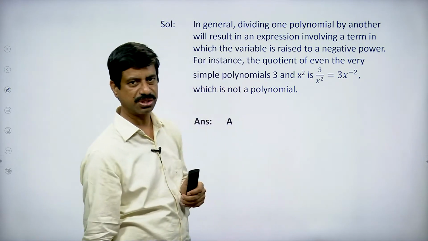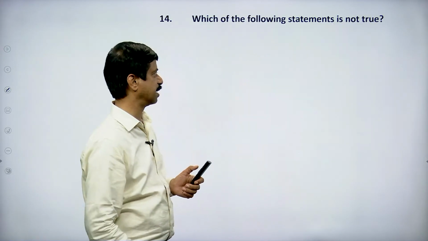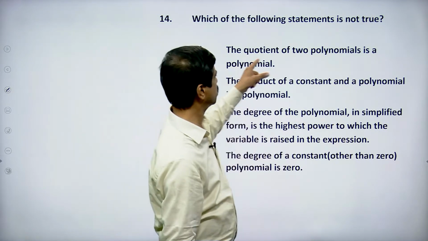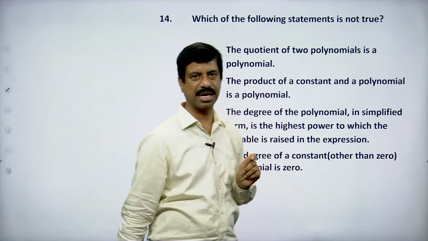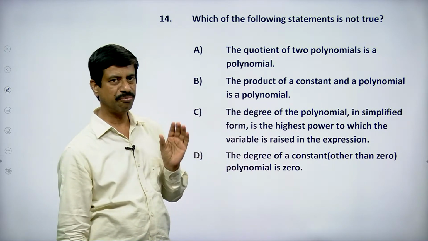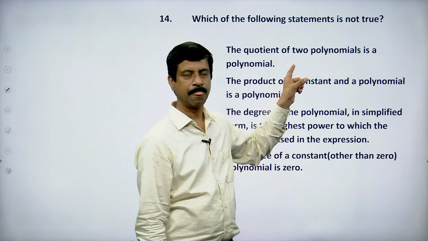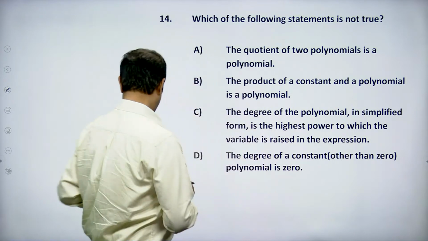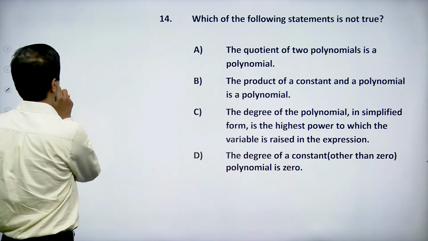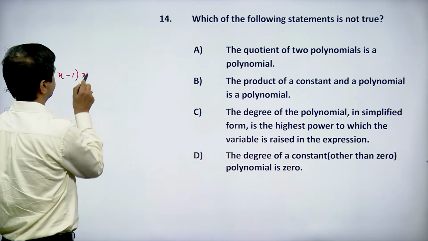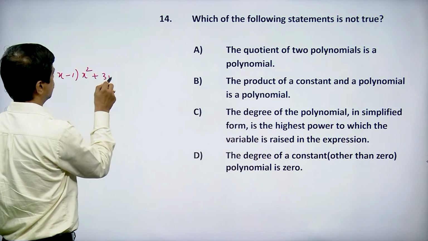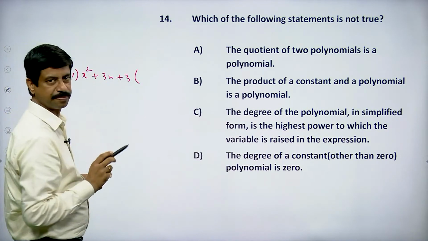I think, children, you might be understanding. See here, the quotient of two polynomials is a polynomial, he said. If this has to be true, the divisor should have a lower power and the dividend should have the greater power, like this.